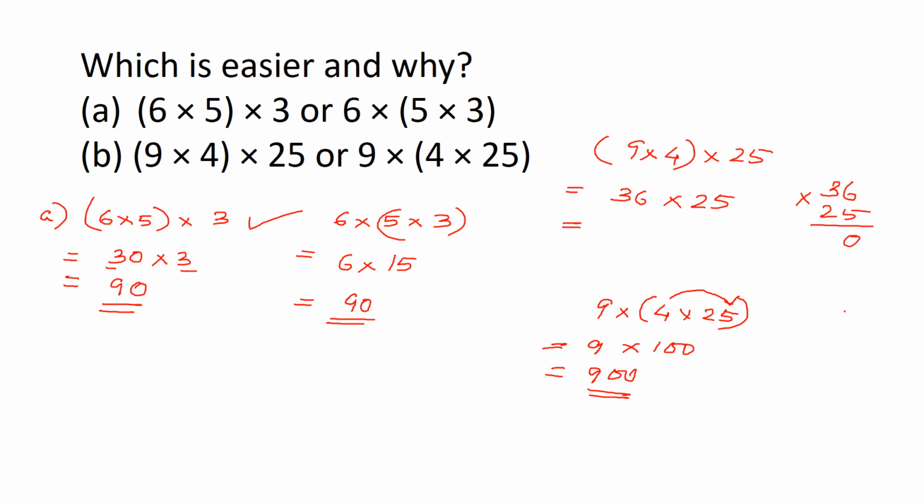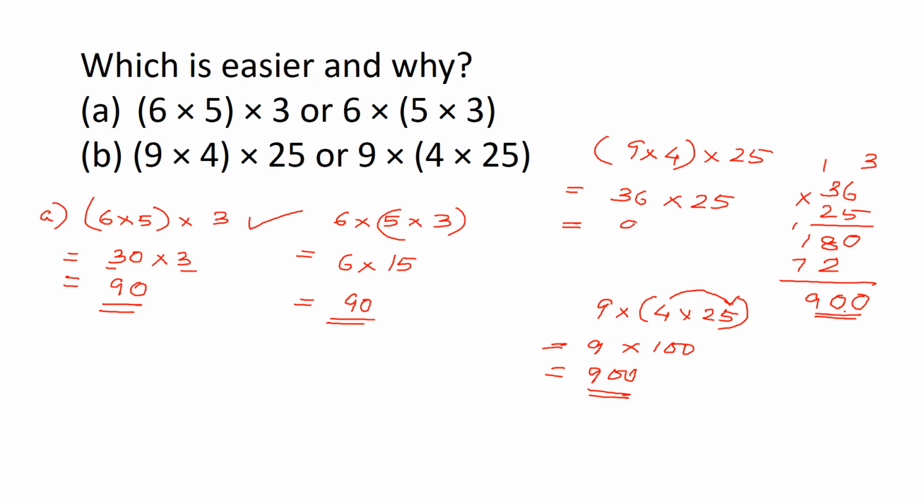Now if you multiply and see here, in this case 36 into 25: 5 6s are 30, carry over 3. 5 3s are 15, 15 plus 3, 18. 2 6s are 12, carry over 1. 2 3s are 6, 6 plus 1, 7. Now what do you get? 0, 8 plus 2, 10, carry over 1, 1 plus 1, 2, 2 plus 7, 9, 900.